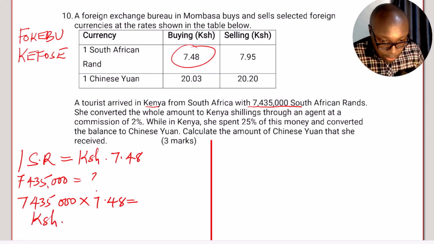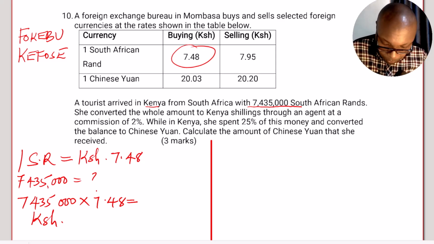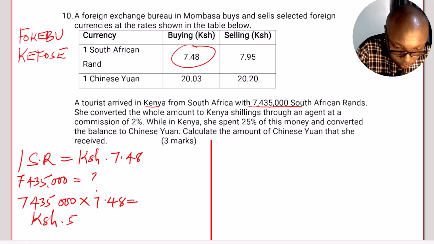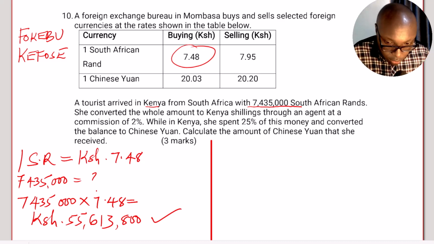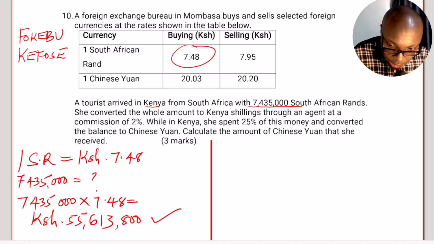So we multiply this, 7.48 multiplied by 7,435,000. So you get 55,613,800. So that is the amount converted from South African rand to Kenyan shilling. So we use the buy.